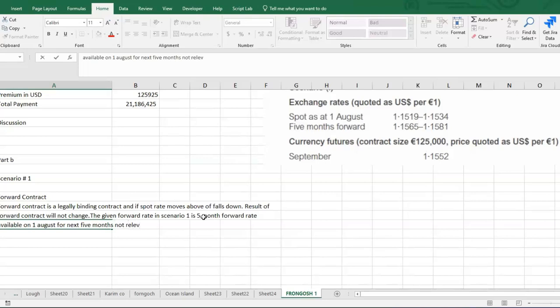Not relevant with our forward contract. Okay, ये तो वो contract है. If someone wants to enter into a 5-month transaction on 1st August, then this forward would be available. It has no link with our forward contract.